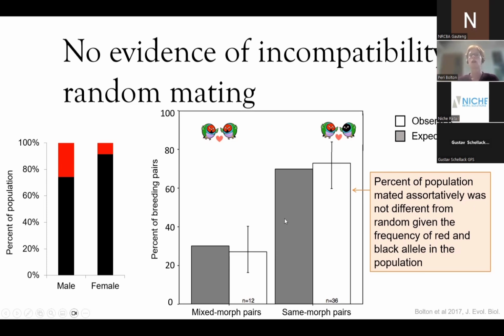And we found that there was no difference from randomness in the frequency of different pairs. So they're not choosing to mate with the same head color. They're just doing it at random with respect to head color.